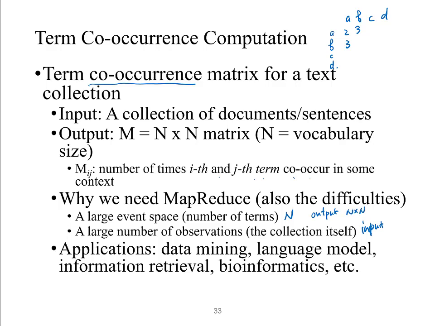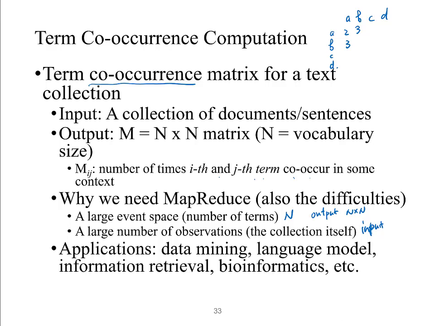For your input, you also have a large number of observations. So basically, you cannot process such a large input on a single machine. And it is also difficult to process such input and store the intermediate result to get the final result, which is an n times n matrix.